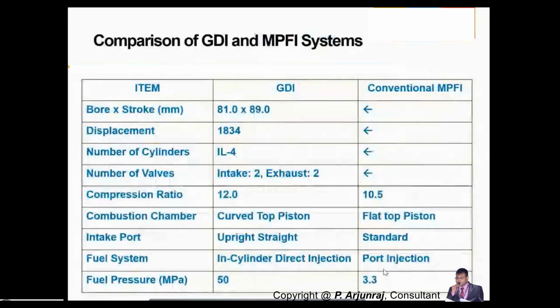Okay, now I'm going to compare for an engine having a bore of 81 mm and a stroke of 89 mm. The displacement is basically pi by 4 d square L. When you multiply pi by 4, diameter square, into the stroke length, you get 34 cc.